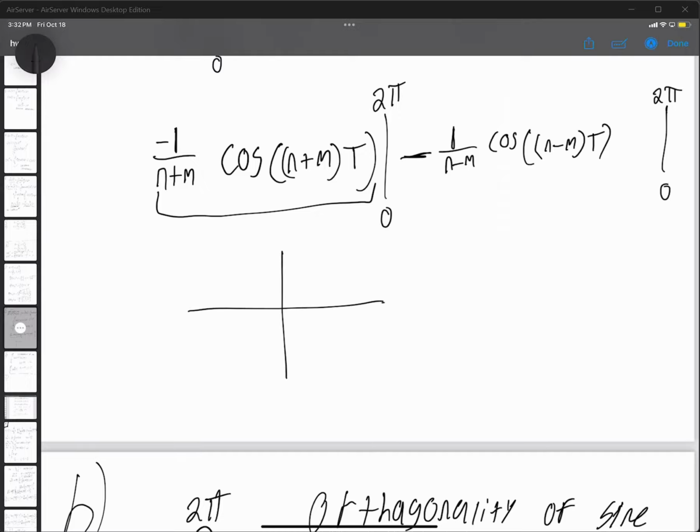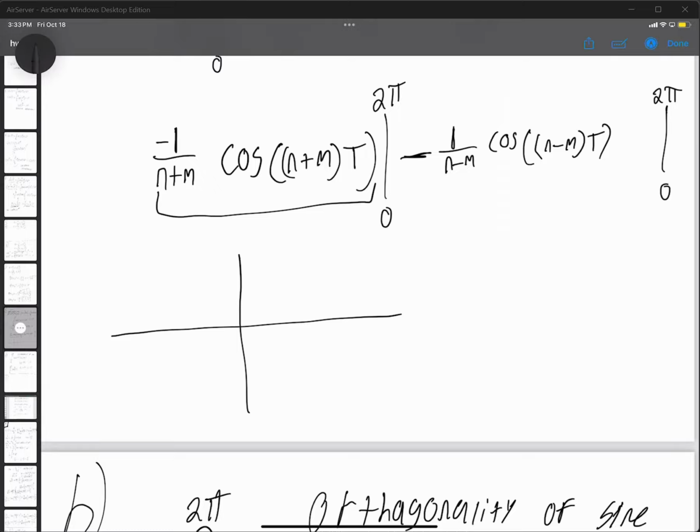But the easier way to evaluate this would be, let's say we have a cosine function, right? Cosine, 1. A full period is 0 to 2 pi.